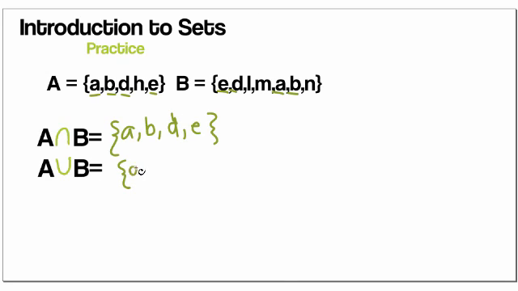Now for the union, we write out all of the elements in A, and then add on those elements in B that are not in A to get the union of A and B. Remember, the union includes all elements in both sets without duplicates.